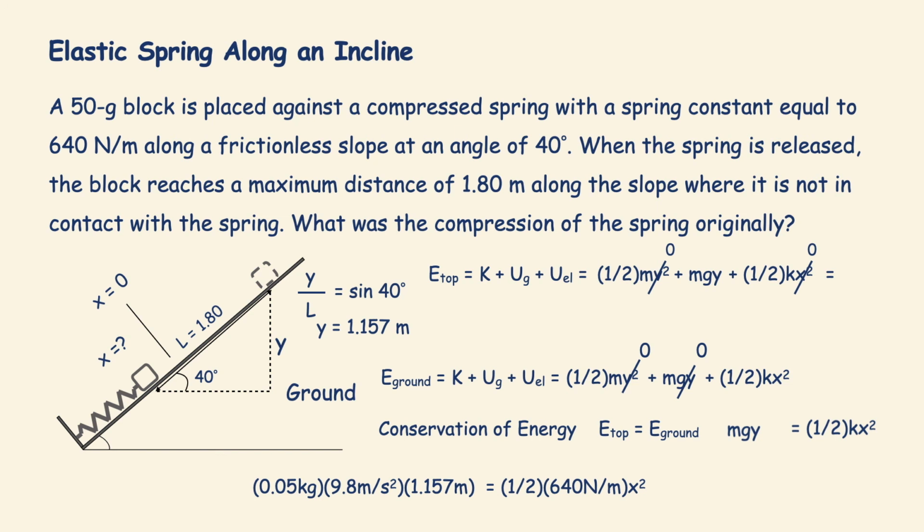And this equation will give me the initial compression of the spring. Once I put all the numeric values in my calculator, the initial compression of the spring turns out to be 0.0421 meters, or simply 4.21 centimeters.